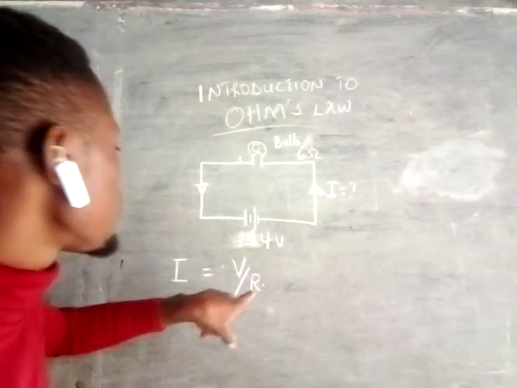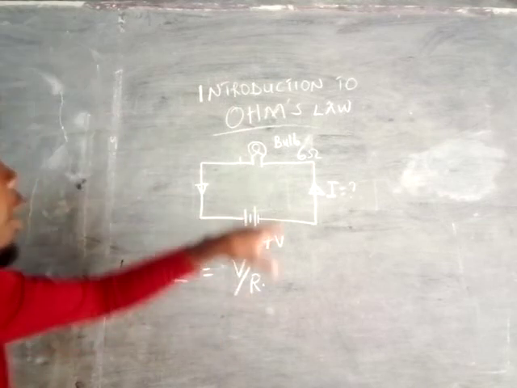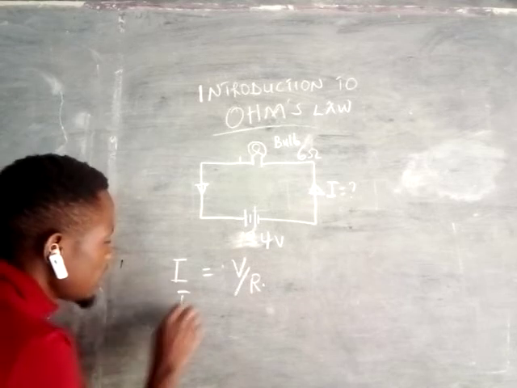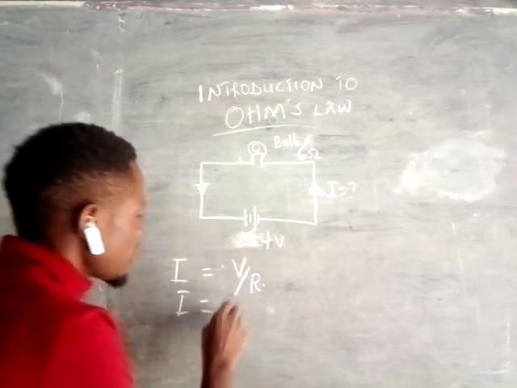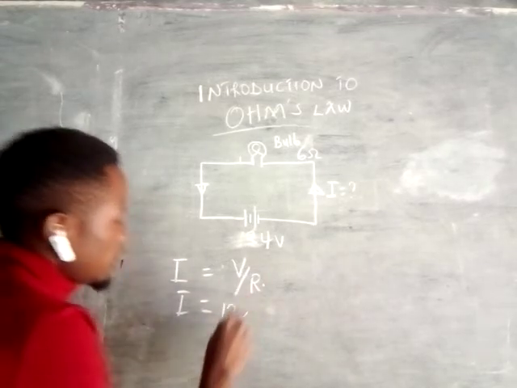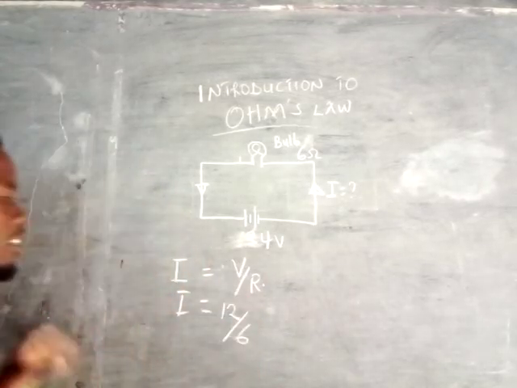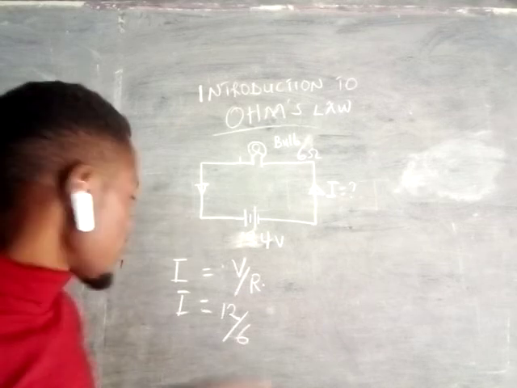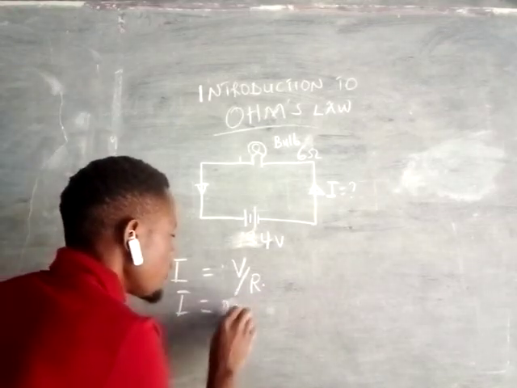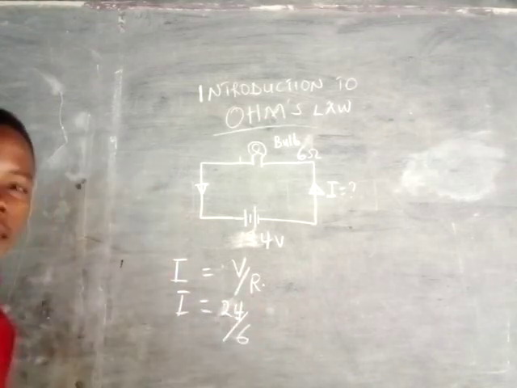Now here we don't have the current. That is current equals, what is our voltage? That is 24 divided by 6.